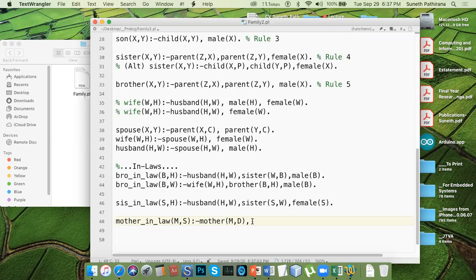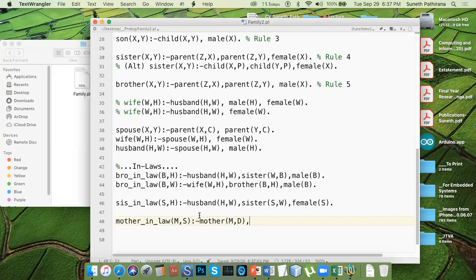M is the son-in-law and the mother-in-law's relationship. So the D or the daughter of M comes in the middle. That means she becomes the intermediate relationship, who is helping to establish the bridge between these in-law relations. Then what is the other condition?